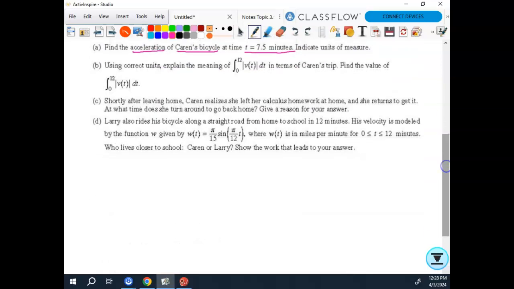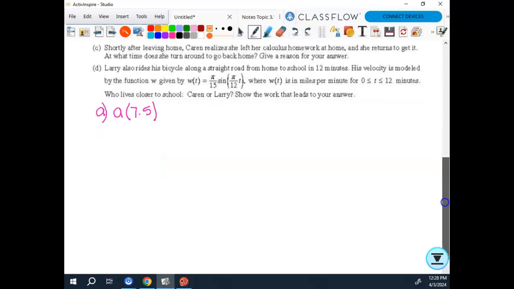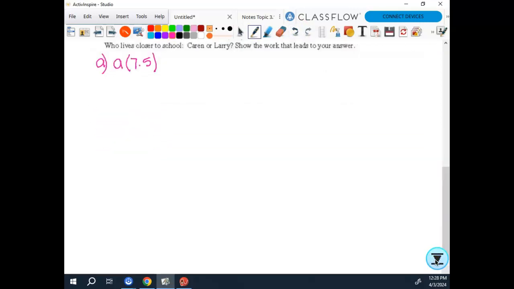So let's go to A here. I don't like these questions because I can't scroll and I can't see. I'm looking for the acceleration at 7.5. So I can do v of 8 minus v of 7 over 8 minus 7, right?